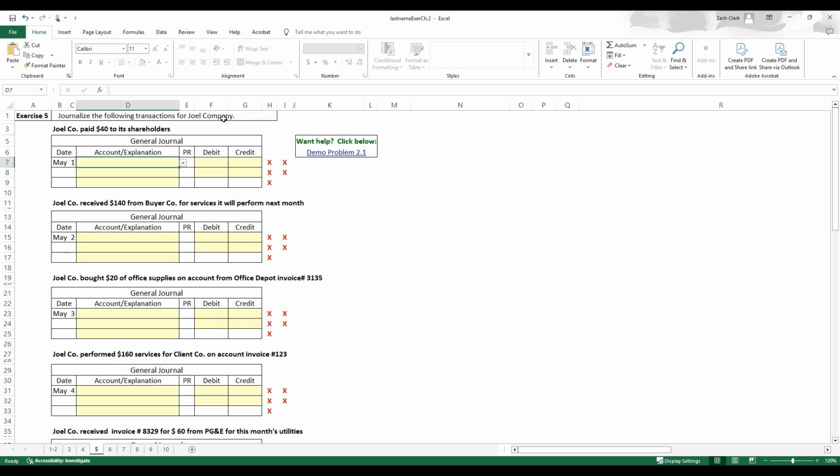We want to do journalizations for the following transactions. So when we're looking at journal entries here, we're talking about paying $40 to shareholders. And so when we do our drop downs here, you can see you've got a selection of debits or credits for each one of these.